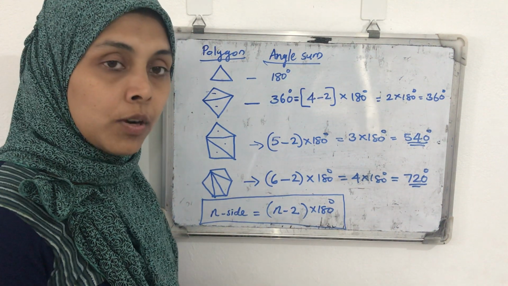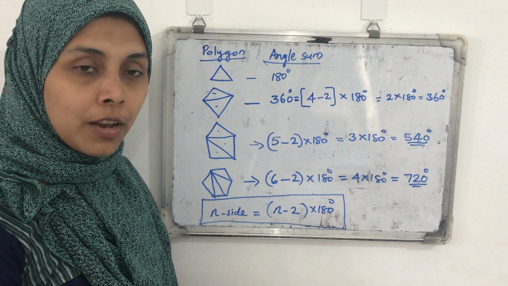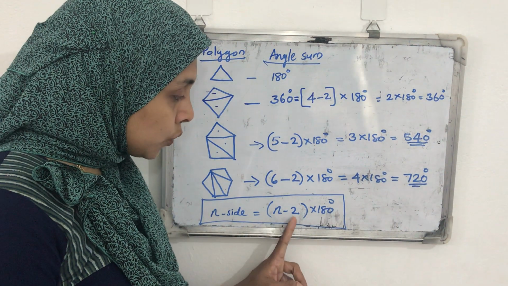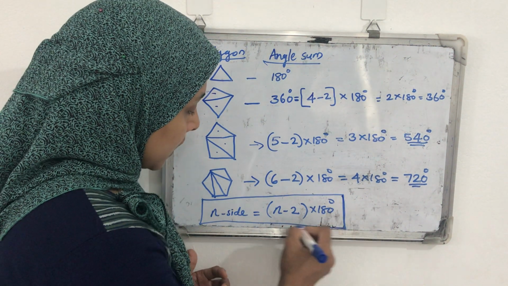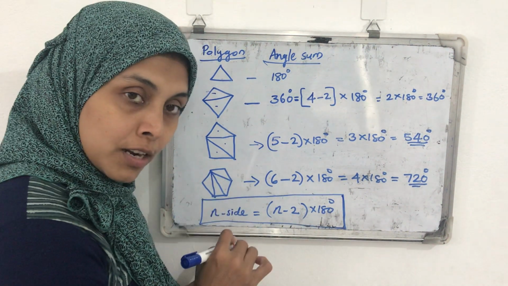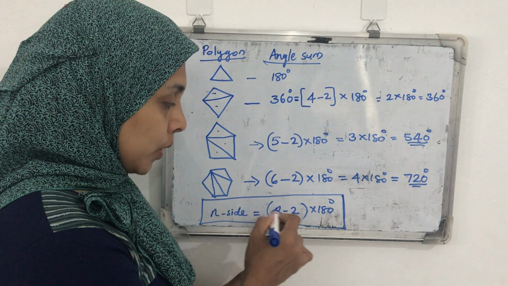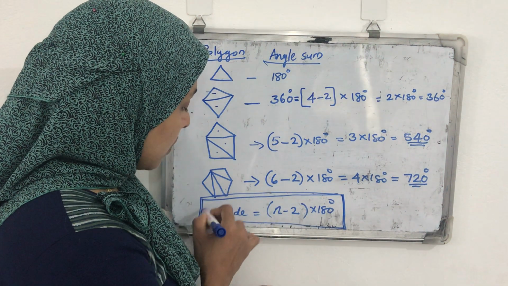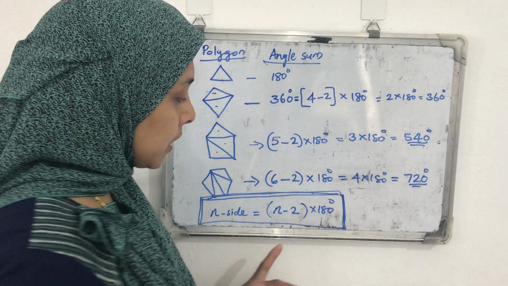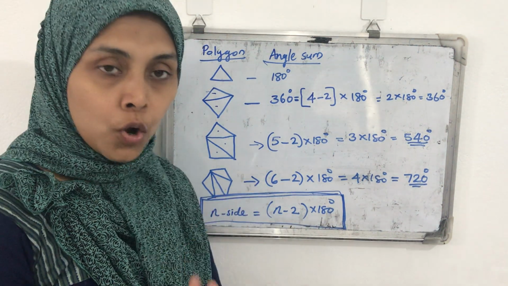If you want to find the angle sum of a polygon with 25 sides: (25 minus 2) into 180 degrees. So all of you must learn this equation by heart: the sum of the angles of a polygon with n sides is equal to (n minus 2) into 180 degrees. Very important. Study it and put it in a box in your notebook.